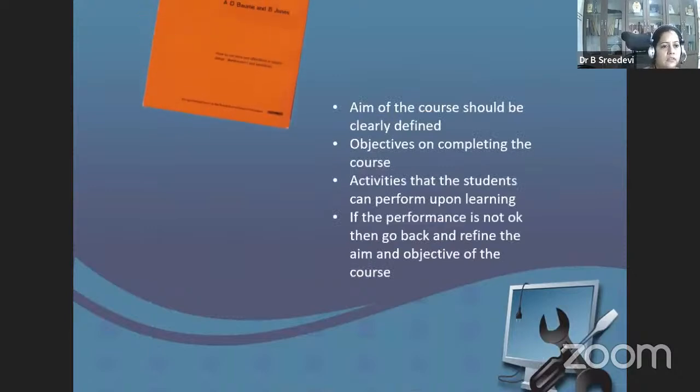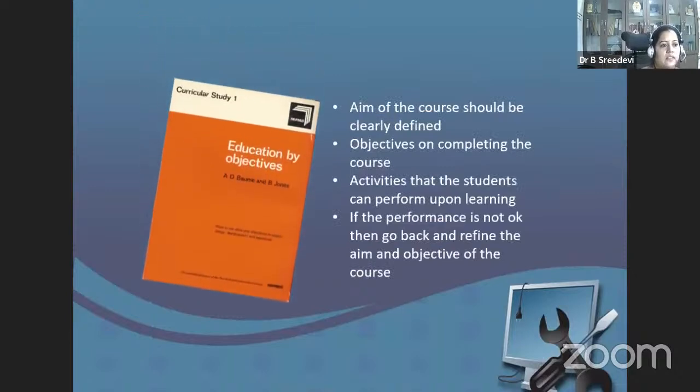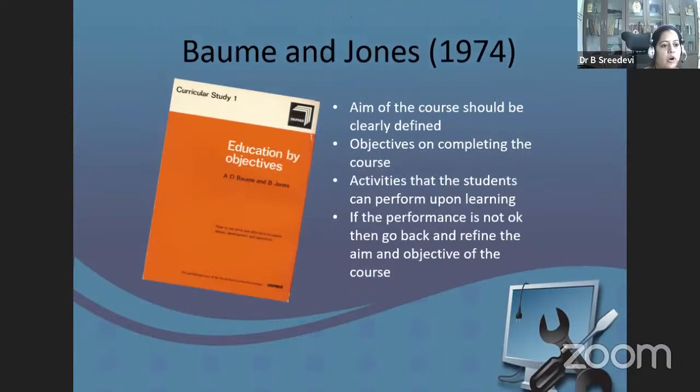Next are the educational objectives by Baume and Jones in 1974. They defined a set of objectives for completing the course. Whenever I say course, it's nothing but a subject. Whenever I say program, it's a field of engineering in which we are interested. The aim of the course should be clearly defined, along with the objectives for completing the course.